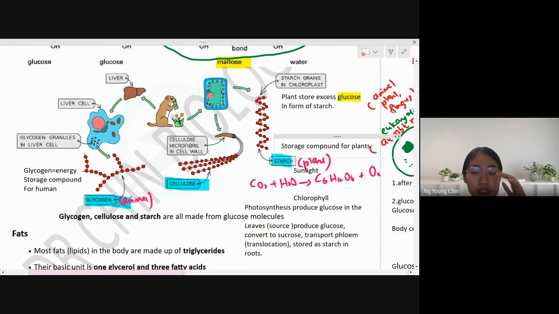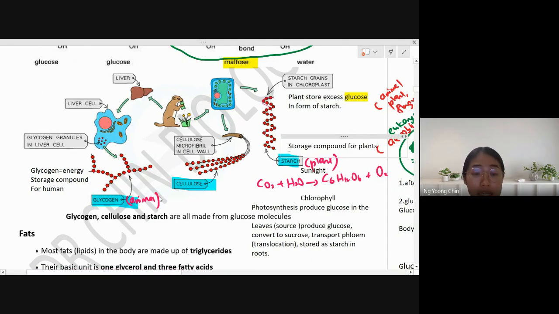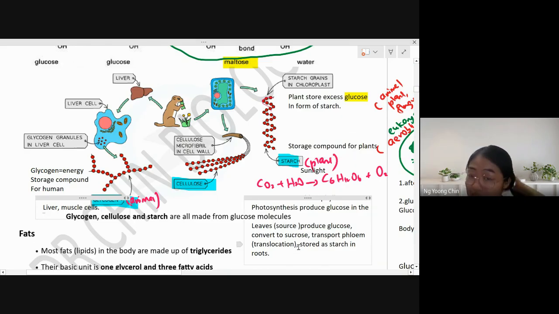You can clearly see that in animals, they usually store their excess nutrients in the form of glycogen, which is found in the liver and the muscle cells. In plants, they store their excess nutrients in the form of starch, which is found in their roots, the place where they store the excess nutrient.